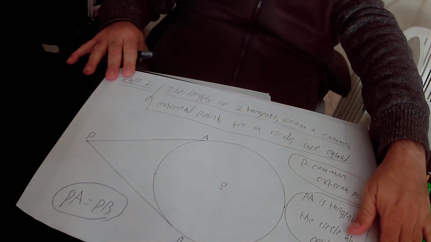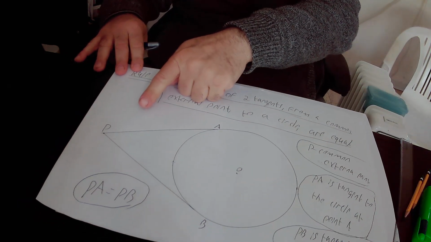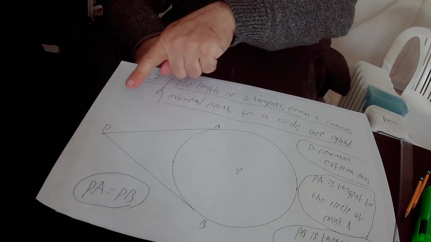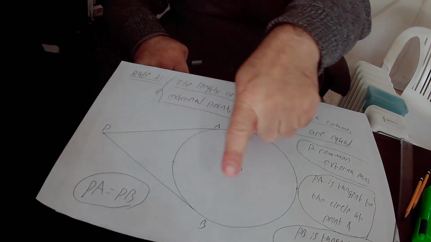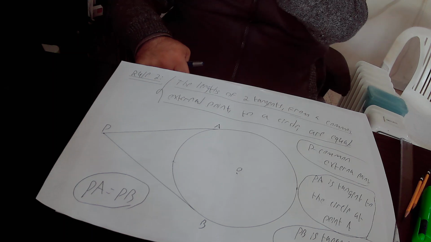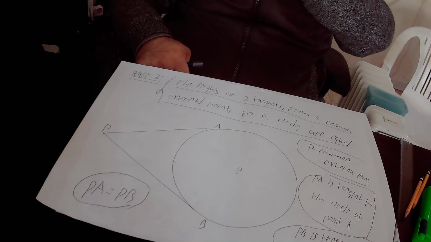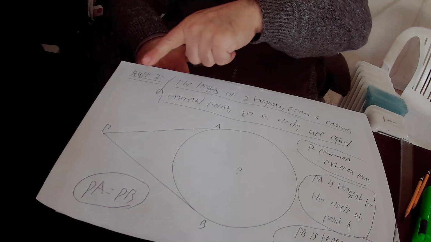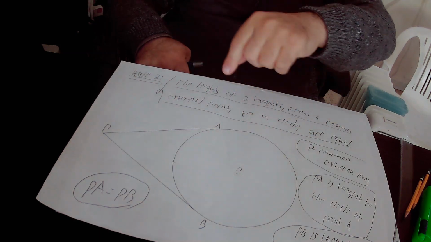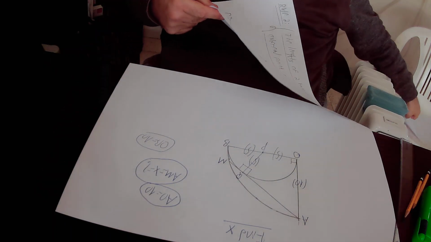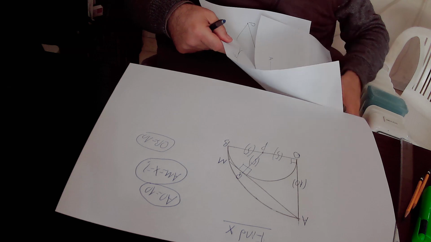In the drawing, we have the common external point, point P. From point P, we have two tangents to this circle, tangent PA and tangent PB. According to rule number 2, the lengths of those two tangents are equal to each other. That is to say, PA equals PB. We can actually implement this rule number 2 in our drawing.